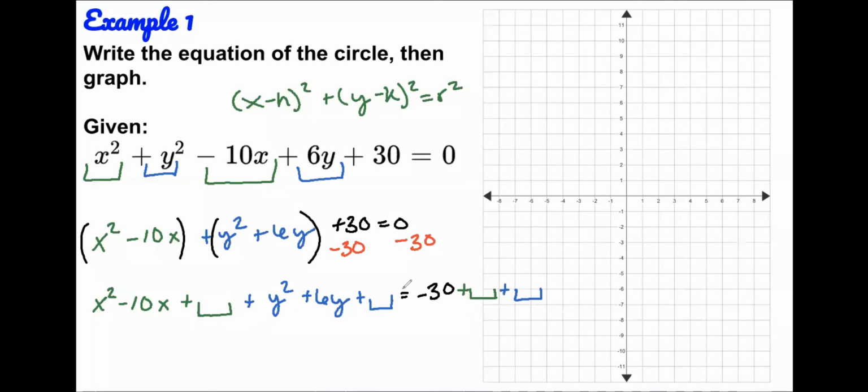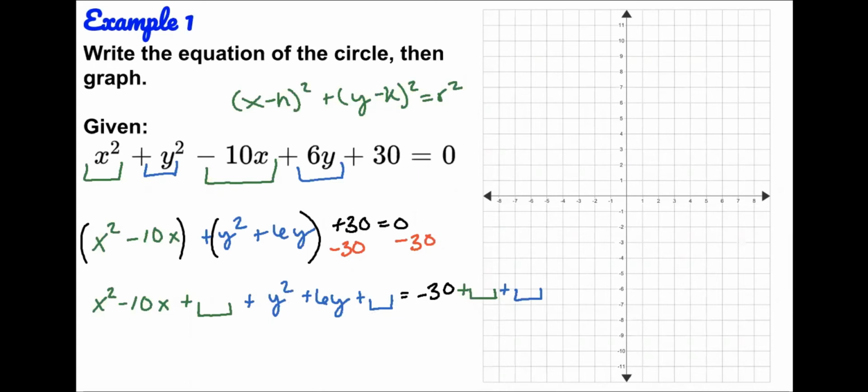So we're going to do the same twice. If I add this term here, I have to add it also on my right side, so that we can keep our balance even.